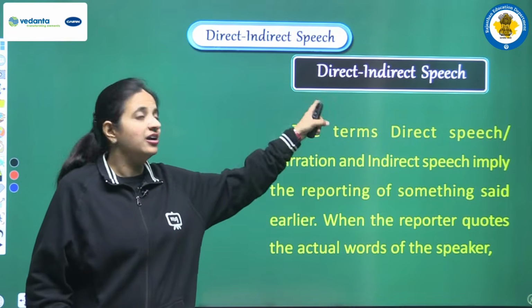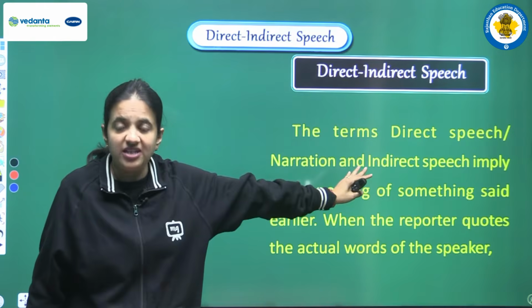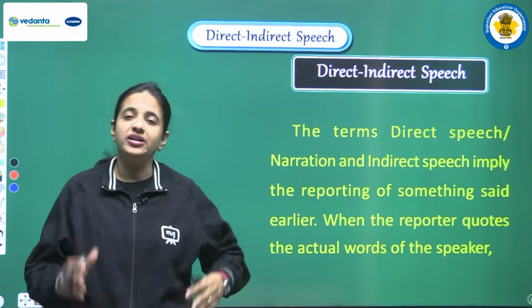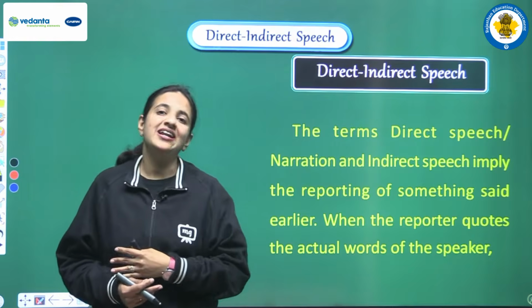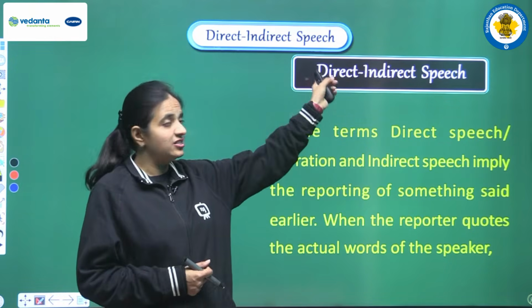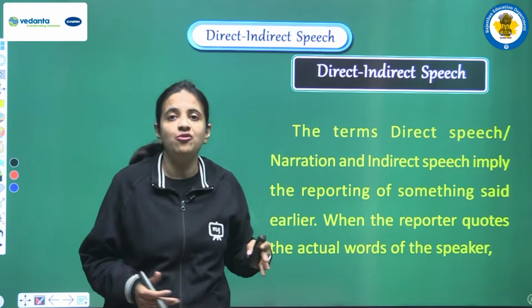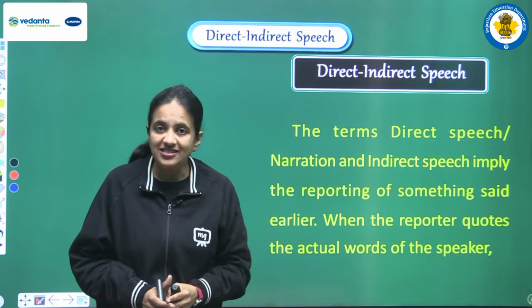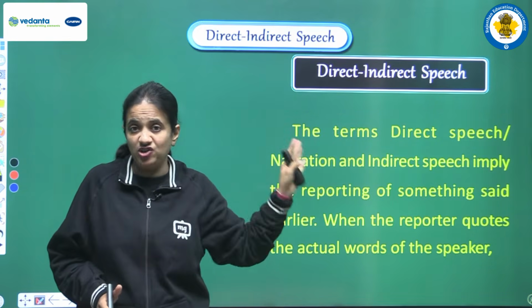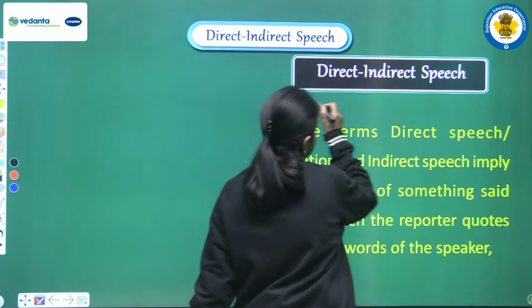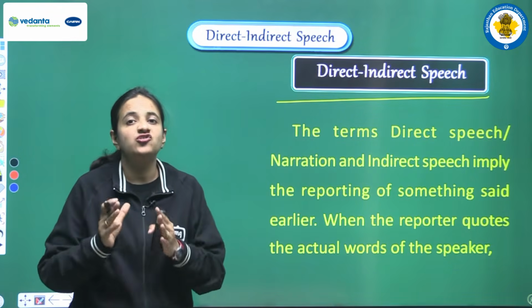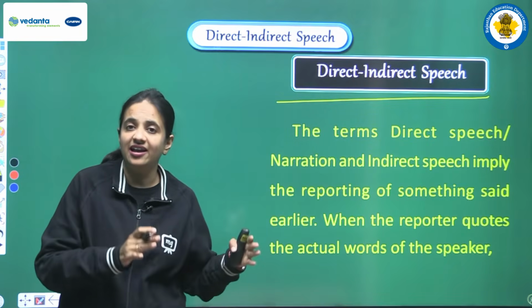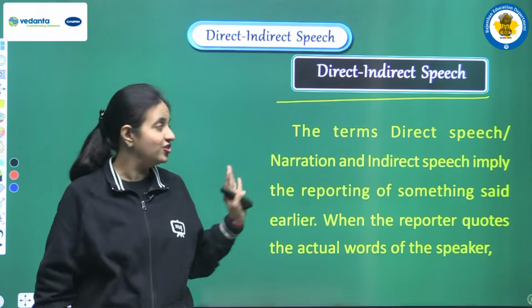Similarly, when we are talking about direct and indirect speech, then also we have a particular kind of structure. So that structure we have to understand, what structure is there in direct speech and what structure we have to follow when we are writing a sentence in indirect speech, right? So first clear this thing, first try to understand the difference between the structure of direct and indirect speech. Clear? So let's read.